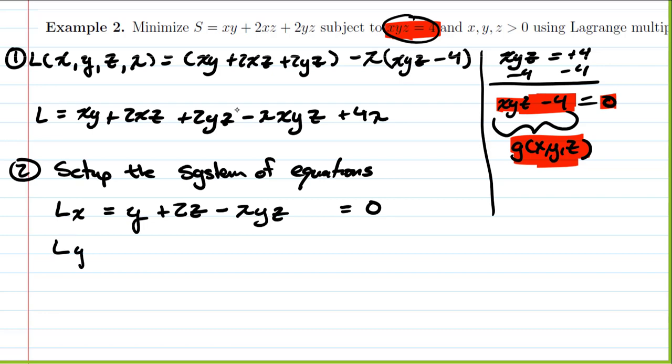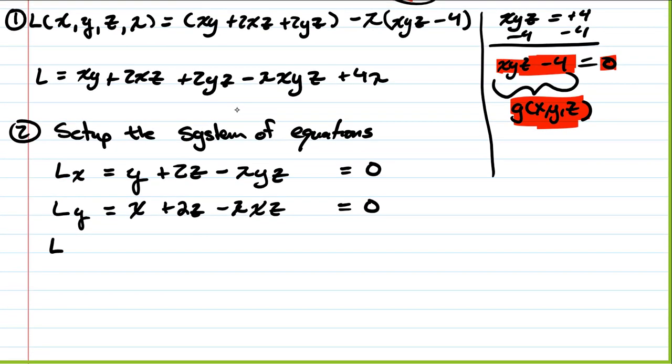And we do L sub y, which is going to be x. The derivative of 2xz with respect to y is 0. The derivative of 2yz is going to be 2z. And then the derivative of lambda xyz is going to be negative lambda xz, and the derivative of 4 lambda with respect to y is 0. So that's going to be our second equation.